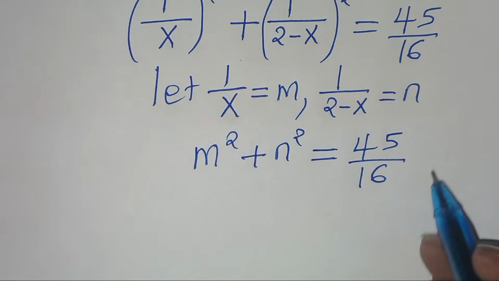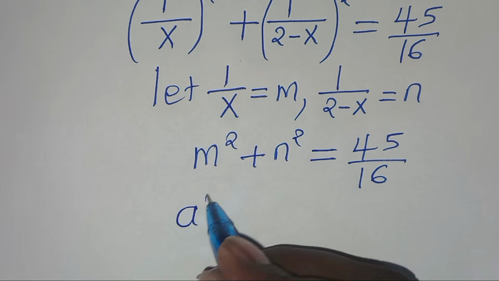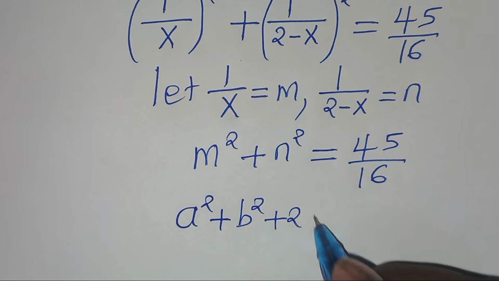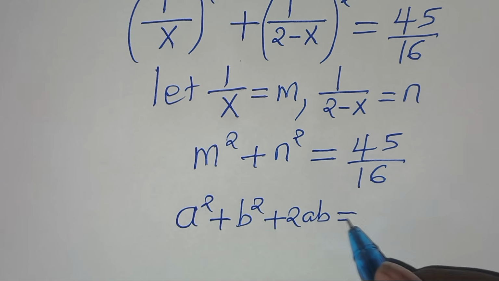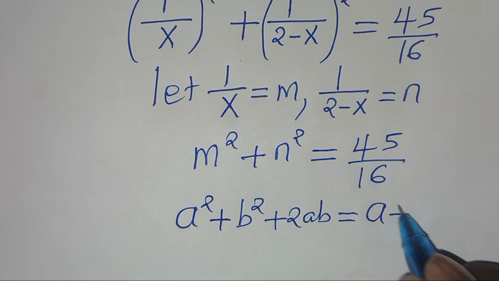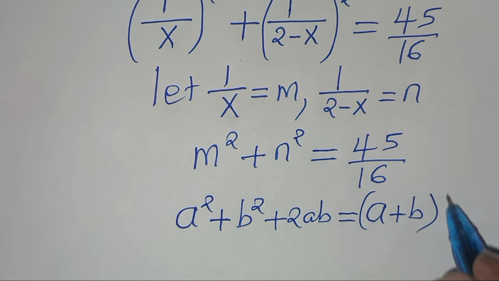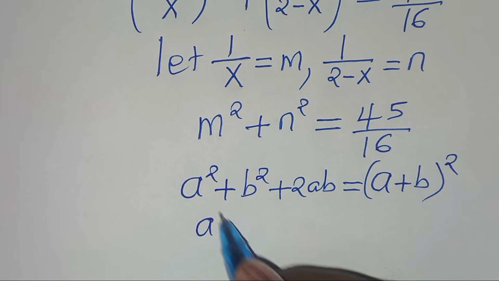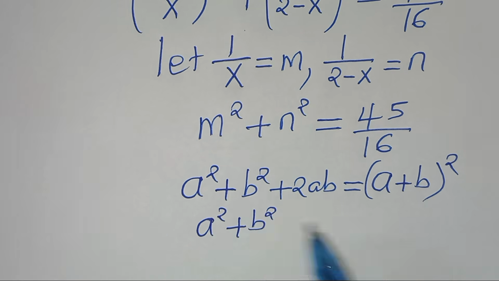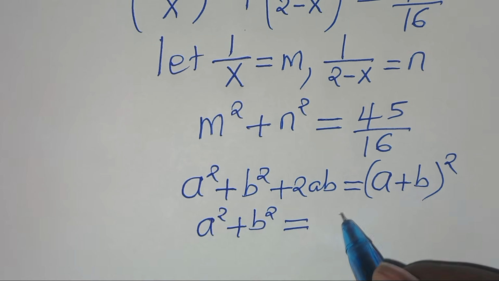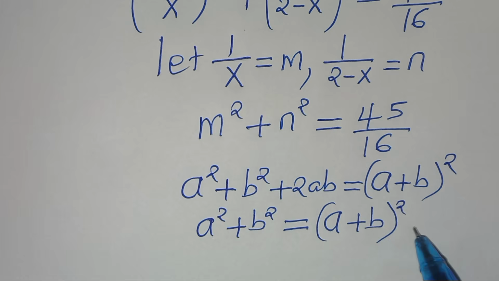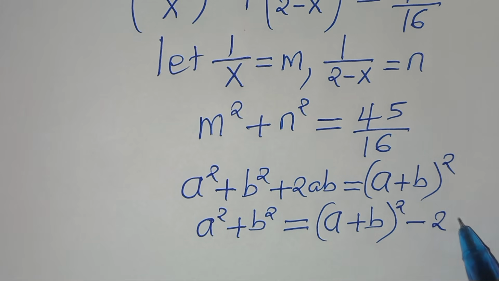From the algebraic identity, a squared plus b squared plus 2ab can also be expressed as (a plus b) raised to the power of 2. This means that a squared plus b squared is the same thing as (a plus b) raised to the power of 2, then subtract 2ab.